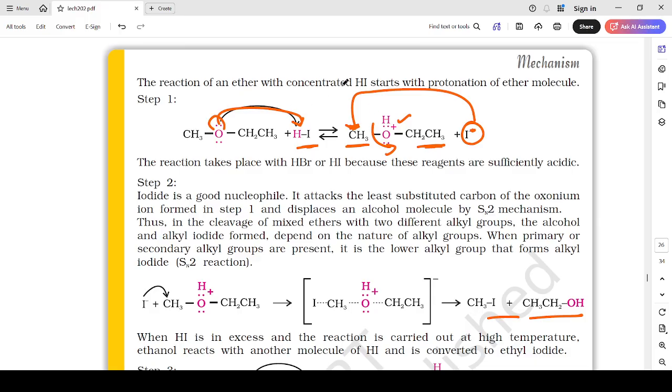The reaction of an ether with concentrated HI starts at protonation of the ether molecule. The reaction takes place with HBr or HI because these reagents are sufficiently acidic, as we just mentioned in acid strength. Iodide is a good nucleophile. It attacks the least substituted carbon of the oxonium ion. You can see this is oxonium.